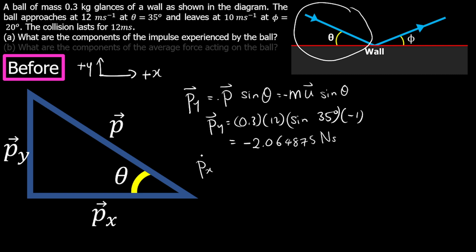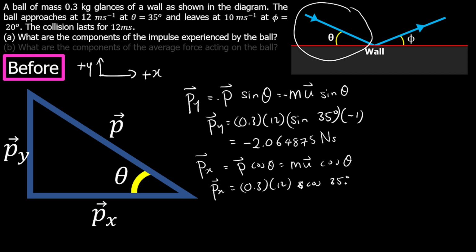I'll work again with the x component, which is going to be p cos theta. And as we can see, it's going to the right side, so it's going to be in the positive x direction, so we can just leave it positive. So it's going to be mu cos theta, and then our px is going to be 0.3 multiplied by 12, and then cos 35 degrees.